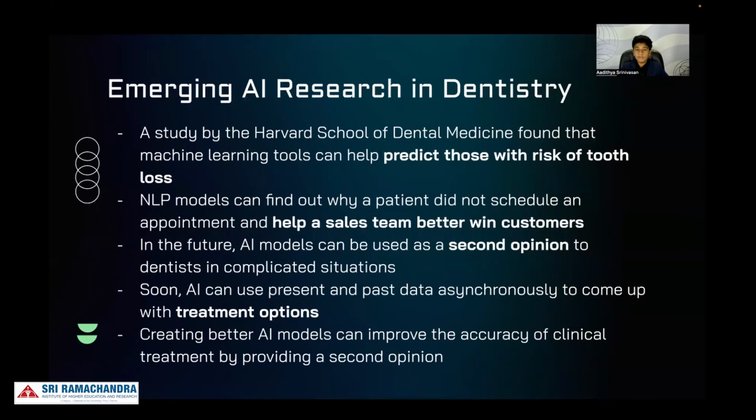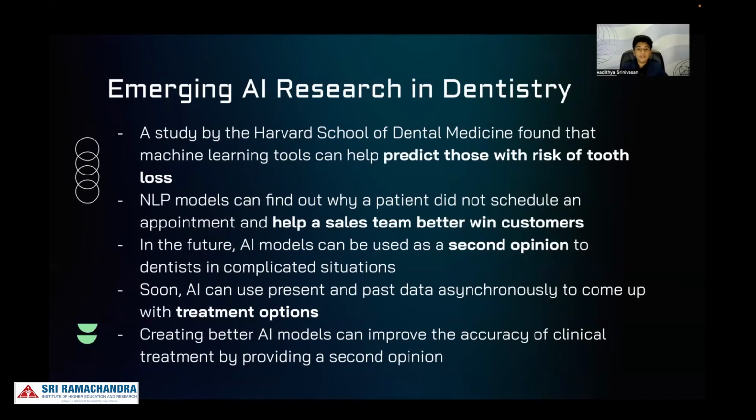So what are some emerging AI research in dentistry? Overall, AI ML is being used more and more commonly in the medical field, including dentistry. A study conducted by Harvard researchers found that ML tools can help predict tooth loss. The researchers used data from the NHANES, the National Health and Nutrition Examination Survey, for the training and testing data.